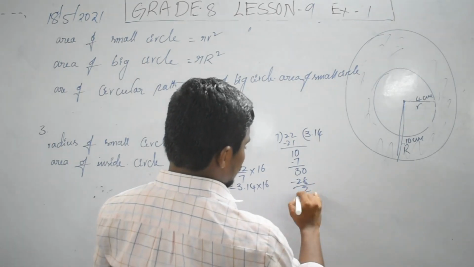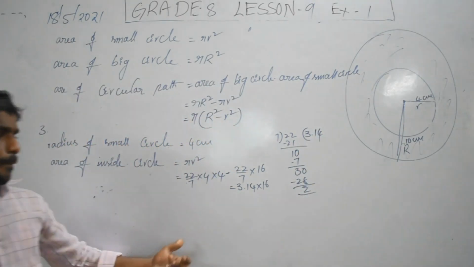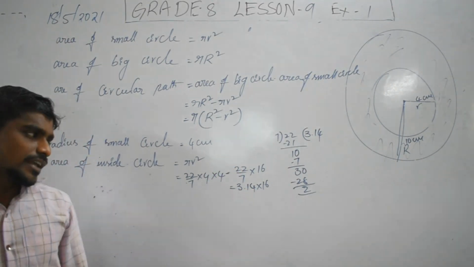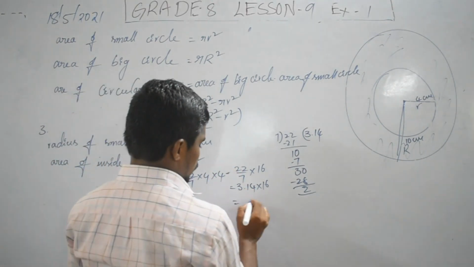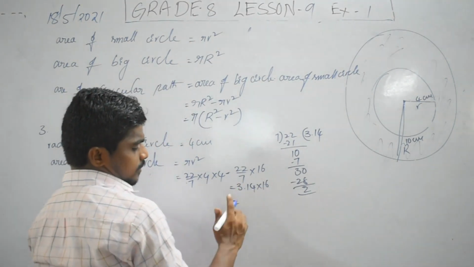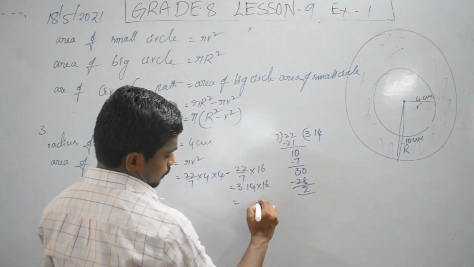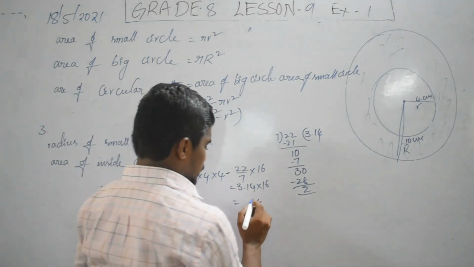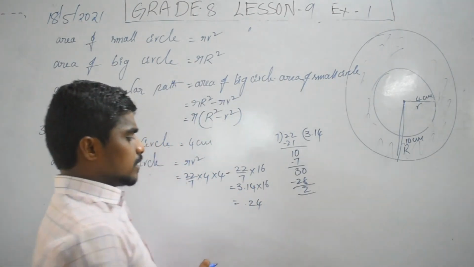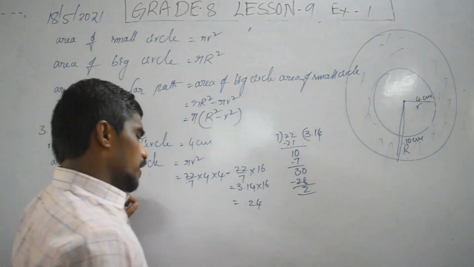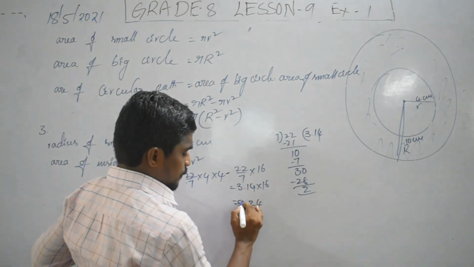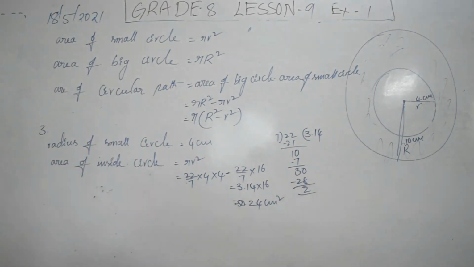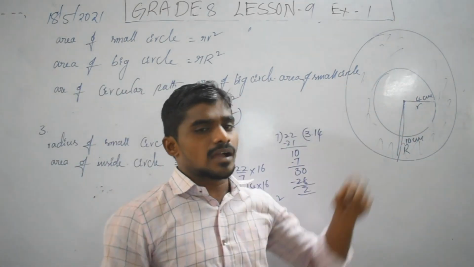So this is a fixed value, pi value 22 by 7, or 3.14. Now how much? 16 4s are 64. 16 1s are 16 plus 6, 22 point 16, 3s are 48. 50.24 centimeter square. So this is the area.